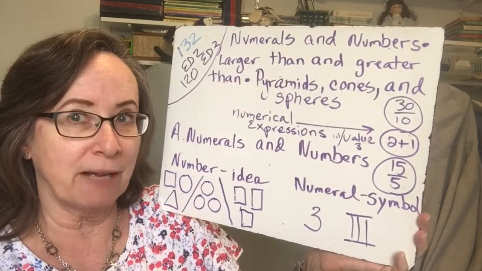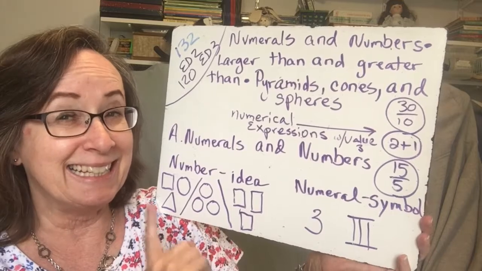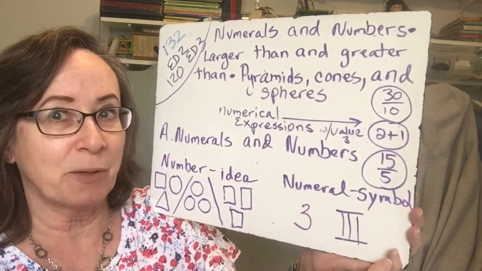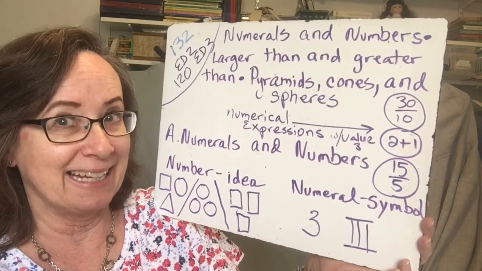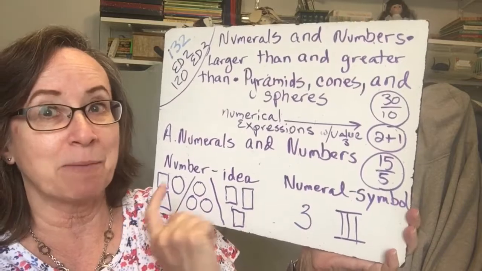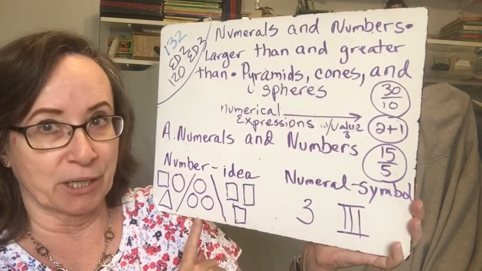So the big part of this section is just that the number is an idea, and then the numeral is the symbol that represents that idea. And a numerical expression can have the same value of a certain number.